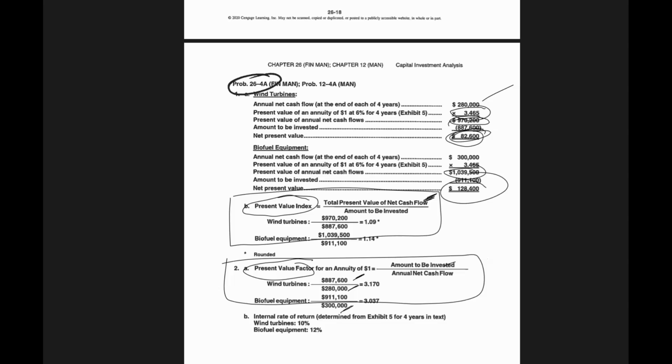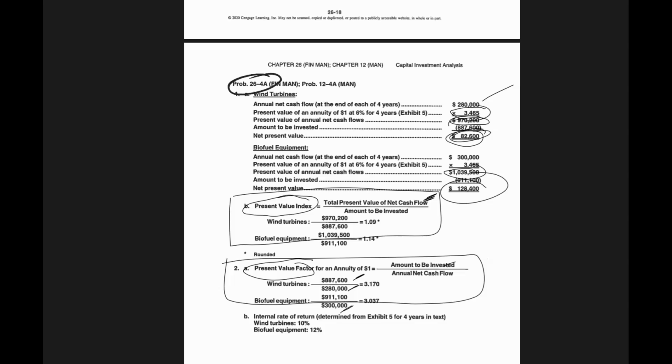It, again, is 4 years, so we can only start at the far left-hand column, 4 years, going across, and finding 3.17 is 10%. Continuing on to find 3.037 is 12%.